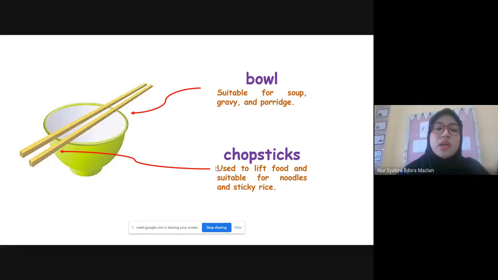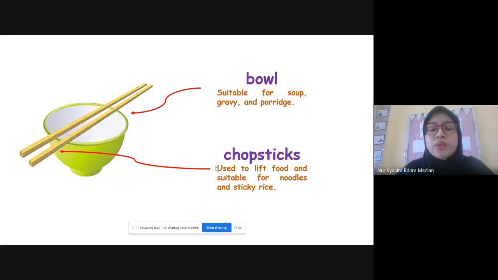Instead, they use a bowl and chopsticks. Okay, a bowl is suitable for soup, gravy, and porridge. And chopsticks are used to lift food and are suitable for noodles and sticky rice. So these are the examples of tableware used by Chinese.